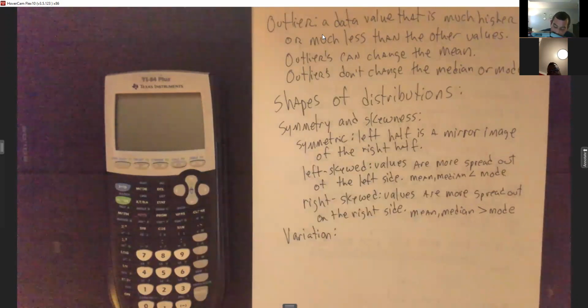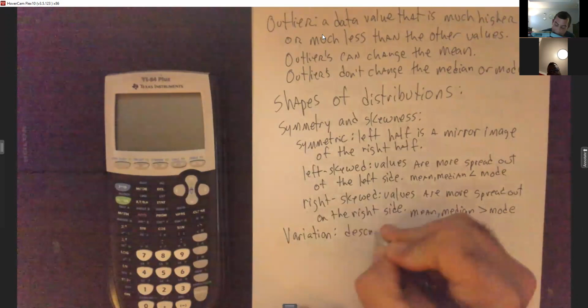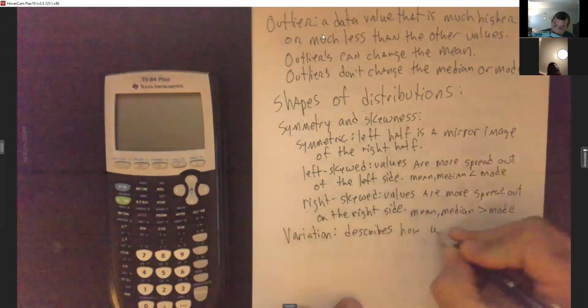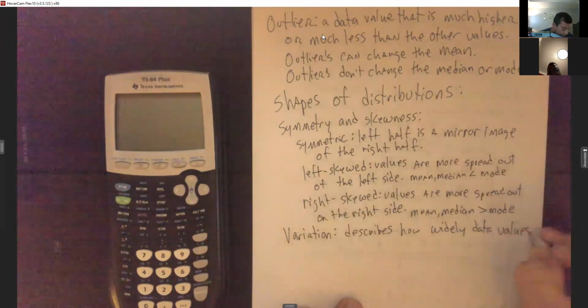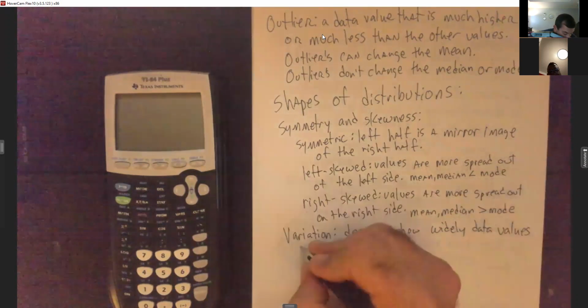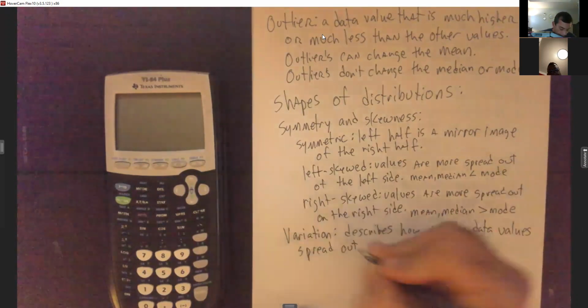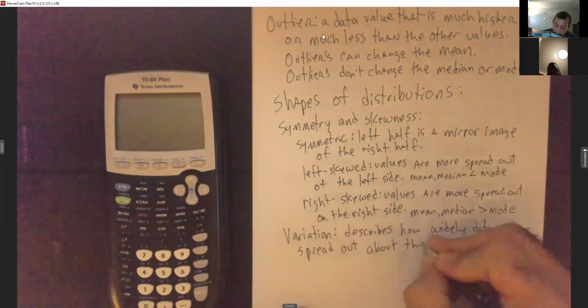And the variation describes how widely data values spread out about the center. So spread out about the center.